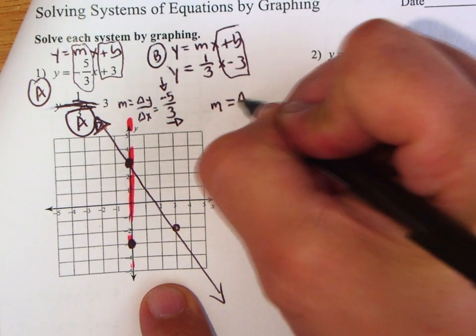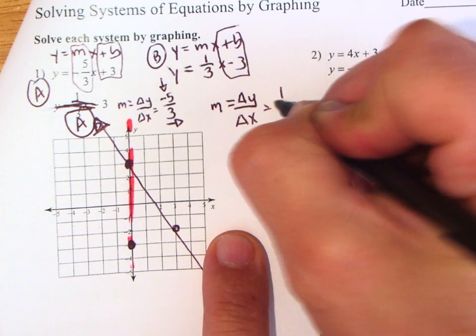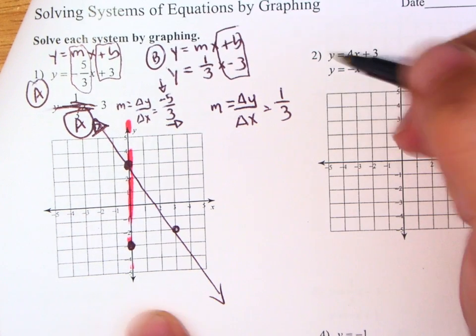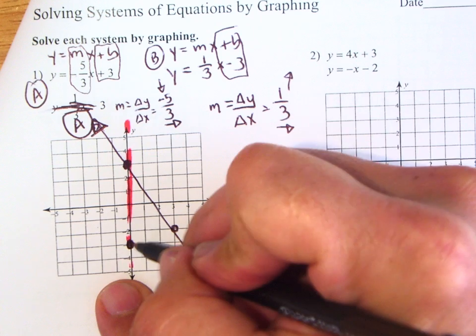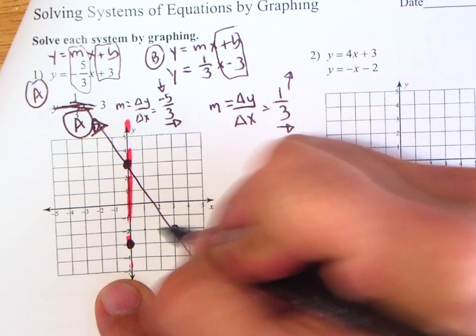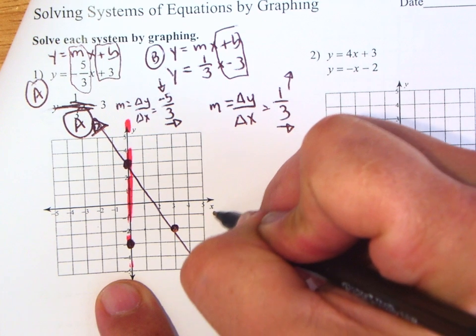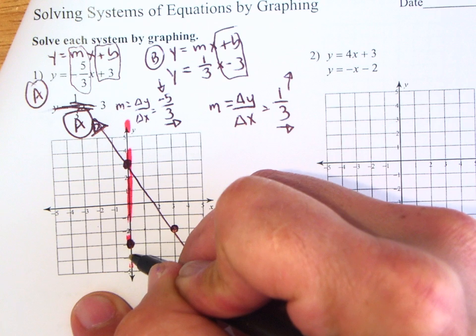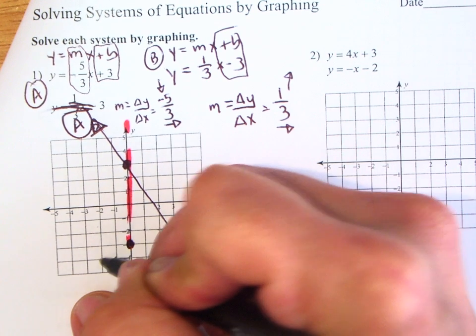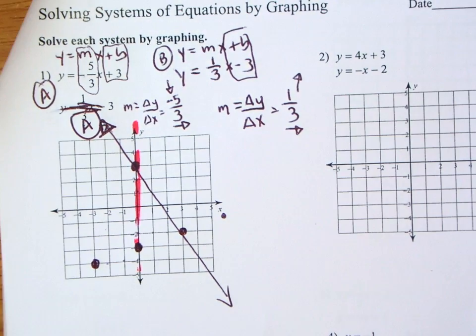So change in y over the change in x, 1 over 3. What does that mean? I'm going to go up 1 and 3 to the right. Ready? 1, 1, 2, 3. I could do this one backwards too: negative 1, that's going down, and backwards is negative 3. So there's your line for that one.